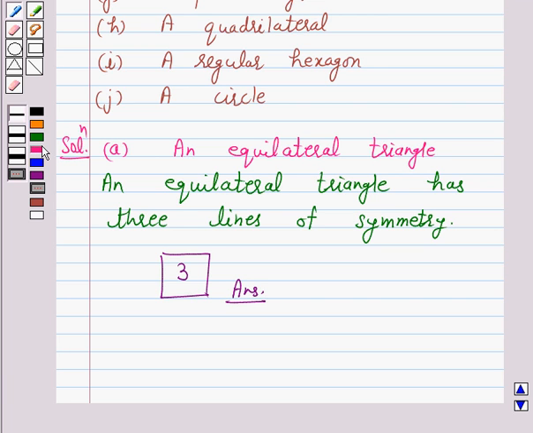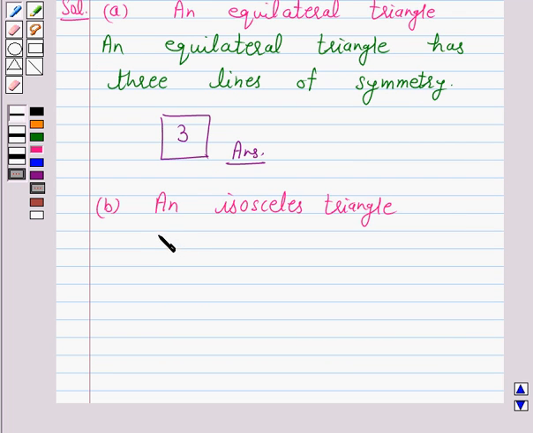Now, let's move to part B. In part B, we have to state the number of lines of symmetry for an isosceles triangle. In an isosceles triangle, two sides have the same length.